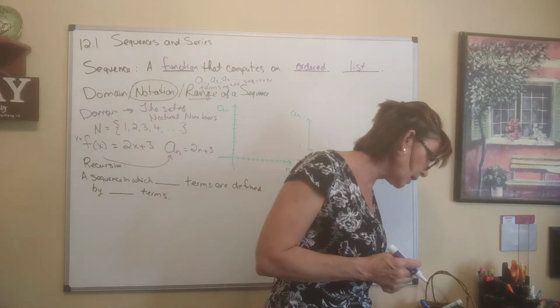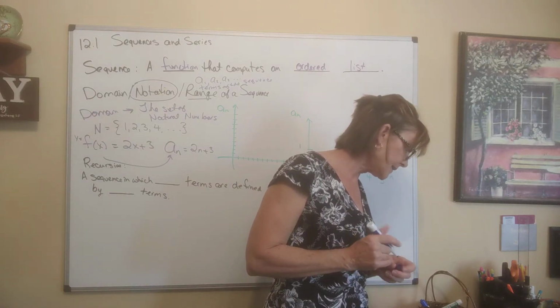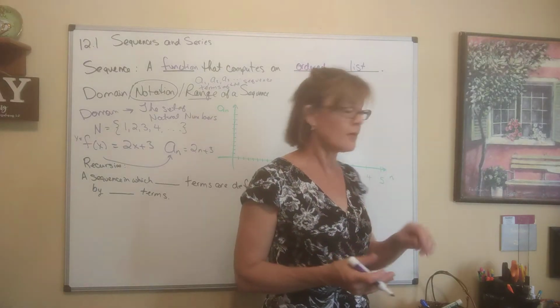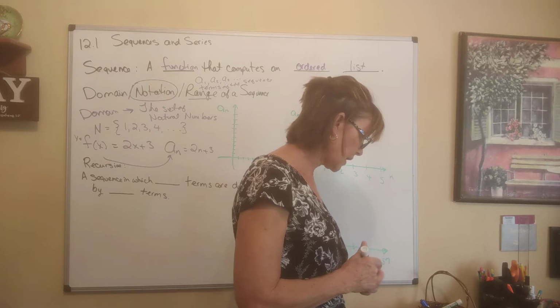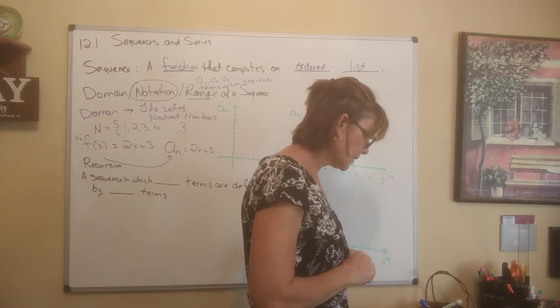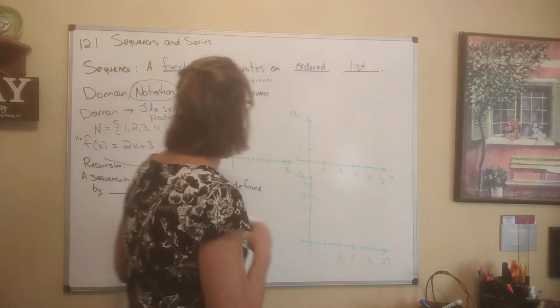Now let's look at if we were to graph one. I have these grids on here, and I picked a few different ones for us to look at. For the first one, let's look at the sequence a sub n is equal to n plus 3.